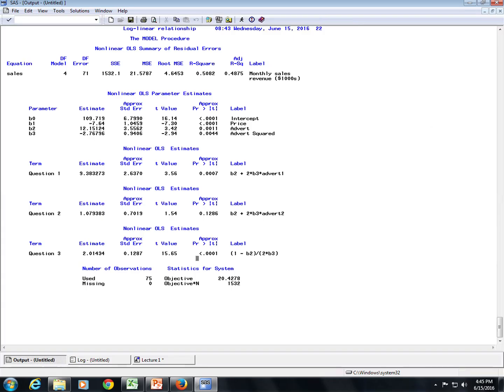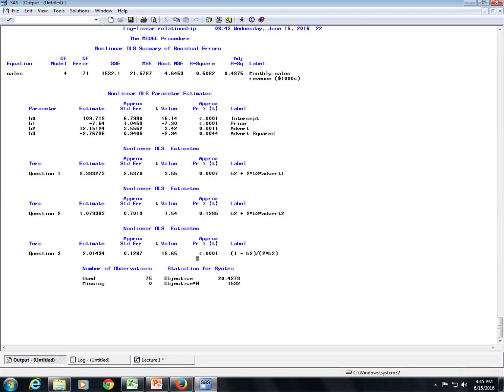Question two is, well, what happens after we've spent $2,000? At $2,000 now, every additional $1 is generating $1.08 of sales. So we can see, at an advertising of 2, which is equivalent to $2,000, we're almost at that point where it's no longer worth it.